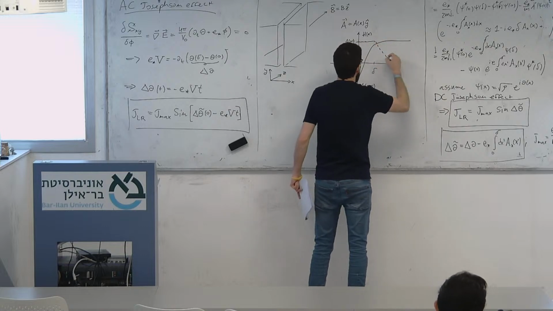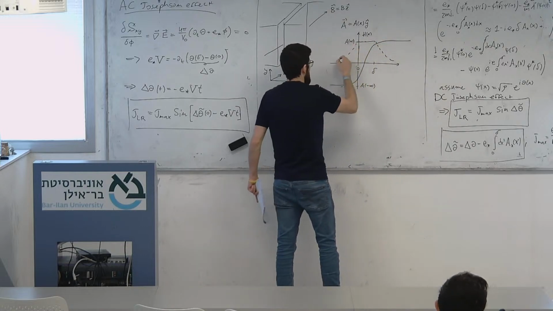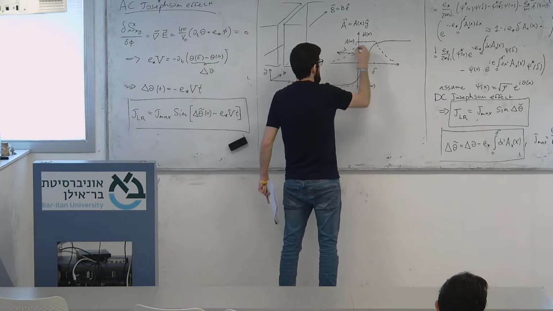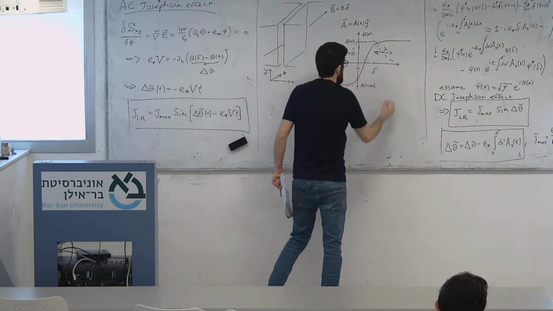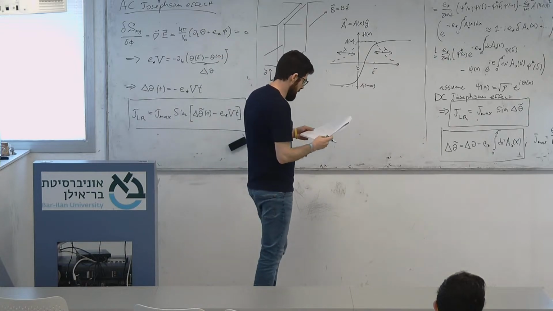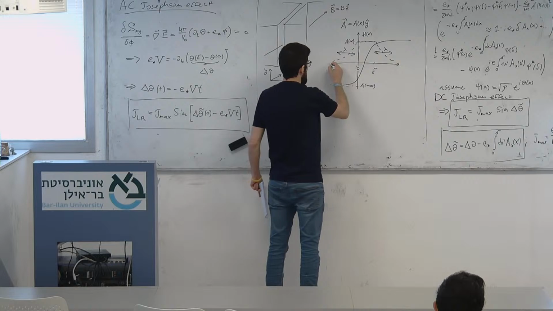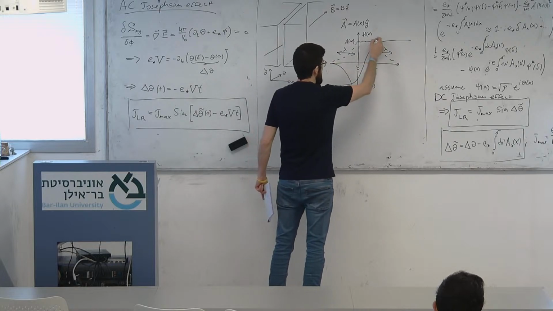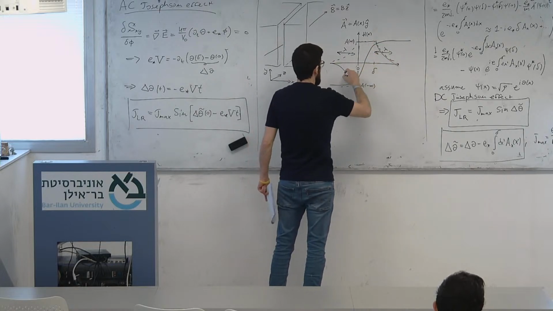And then it decays into the sample over a length scale lambda. Okay, and the currents, the screening currents, in accordance to the London equation, are basically like that. This is J.